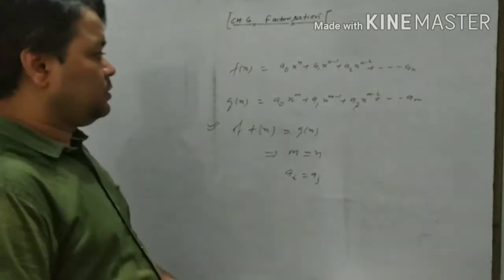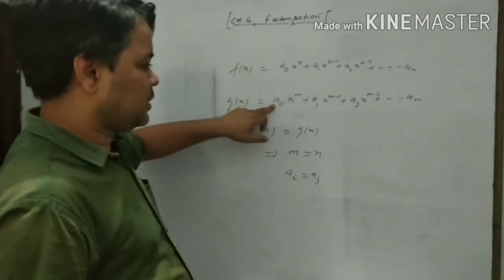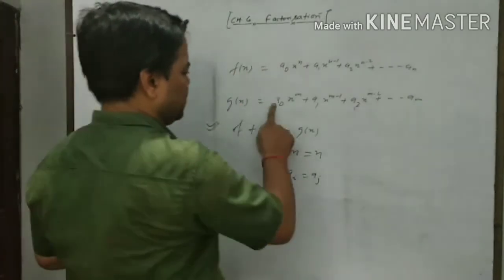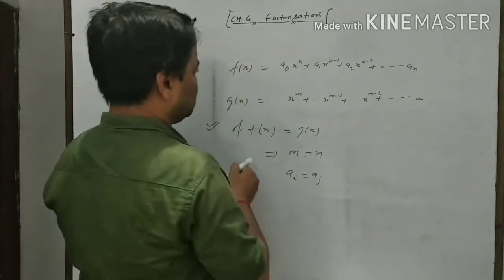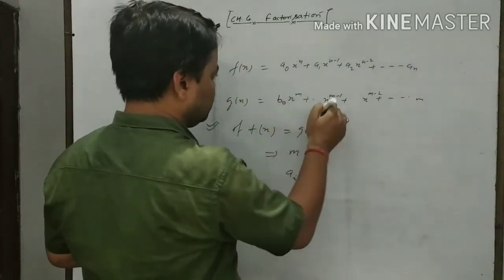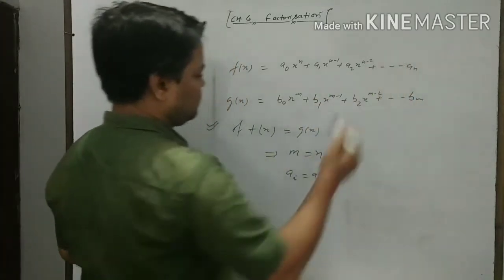It means the value of a0 here and the value of b0 here. You can change the letters like that. Here we can write b0, b1, b2, and so on.